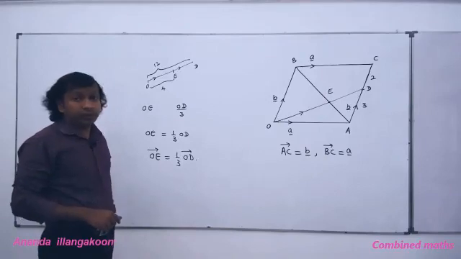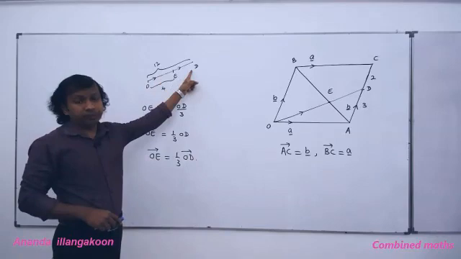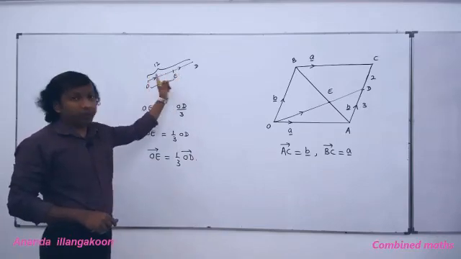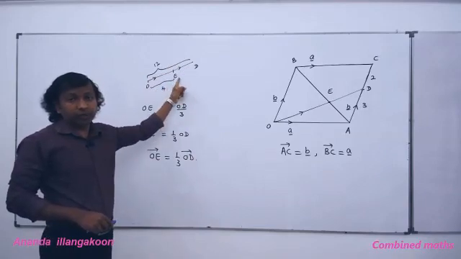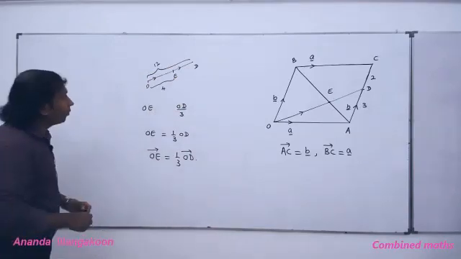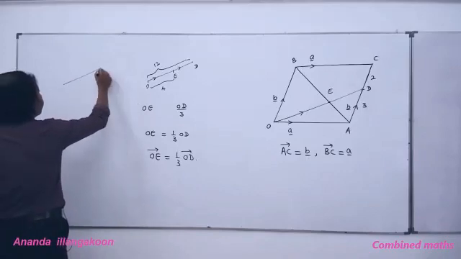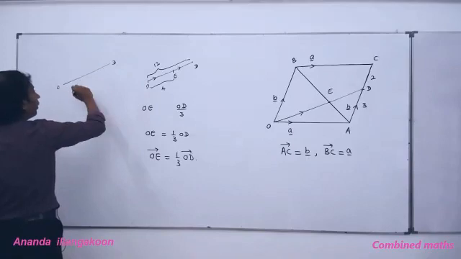When we have a line segment, and on this line segment we have another point in between the two endpoints, then we can write one vector in terms of the other. Suppose I write it like this: OD, and here E. We say OE is 4 units.